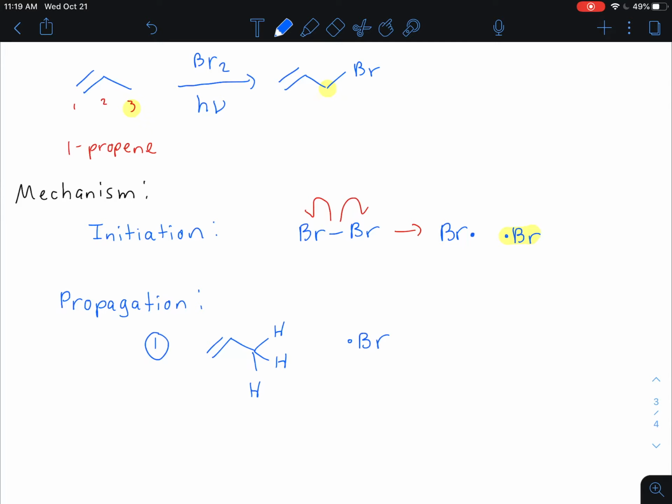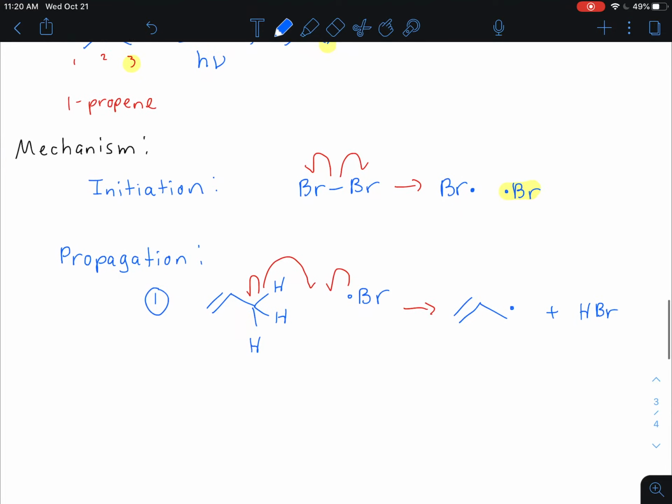The bromine radical we just formed is going to take away one of those hydrogens to form HBr, and it's going to form an allylic radical where we were. So now there's a radical, and we formed HBr.